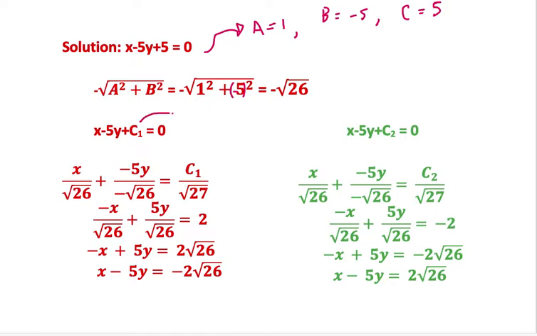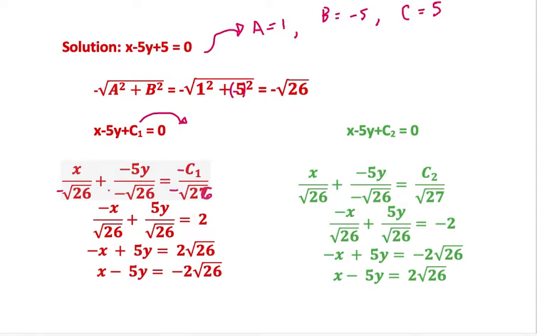So, simply transfer c sub 1 to the other side. So, this will become minus c sub 1. So, x over negative square root of 26 plus negative 5y over negative square root of 26 equals minus c sub 1 over negative square root of 26. Yan. So, let me change it to 26.